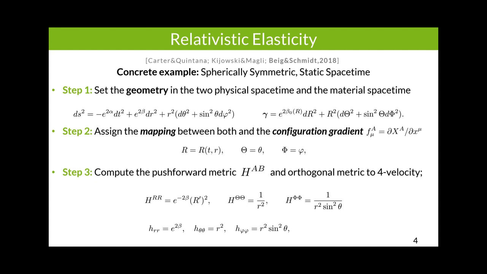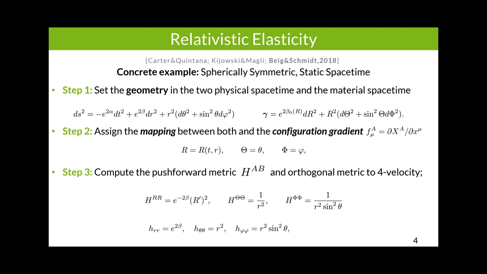We have a physical spacetime: imagine the spacetime where your object is, your physical star there. This star is deformed in some way, and then you want to consider the spacetime that is basically a snapshot of your star when there are no deformations. Since you are in an elastic material, you want to compare stretches between things, right? You are deforming with respect to something. So that's why you have two geometries.